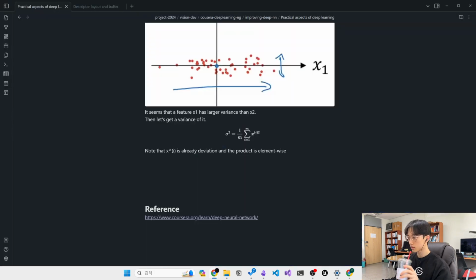Where now the variance of x1 and x2 are both equal to 1.